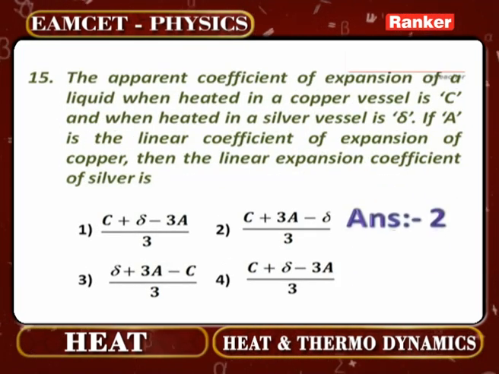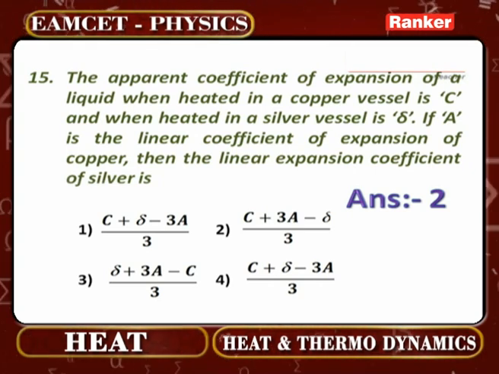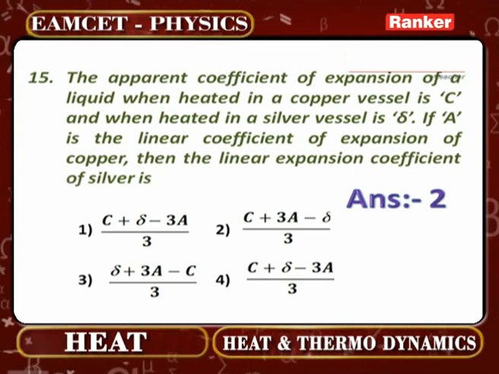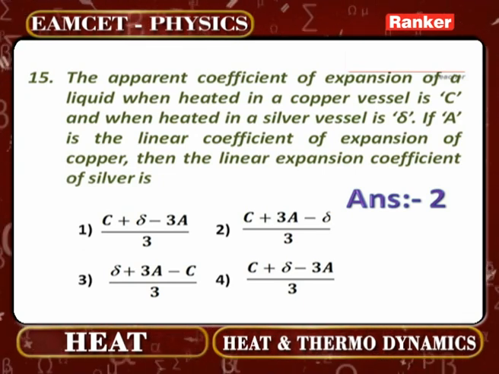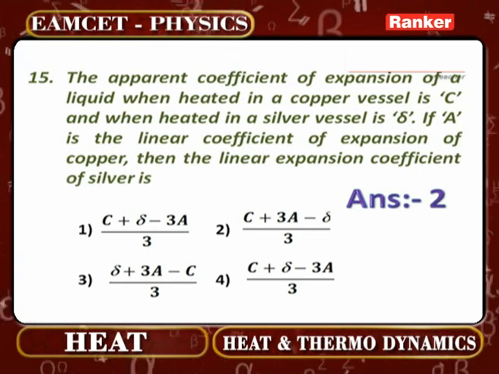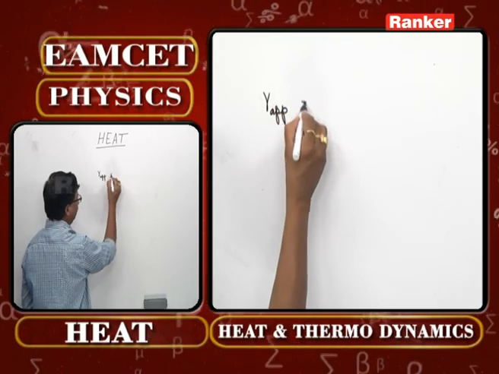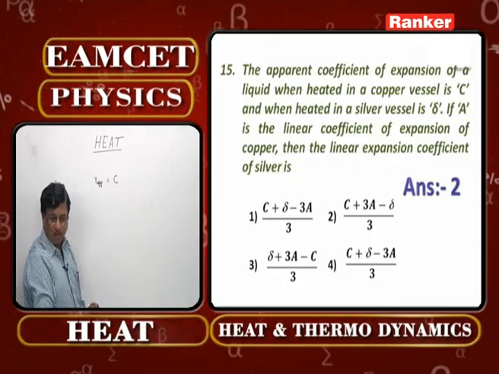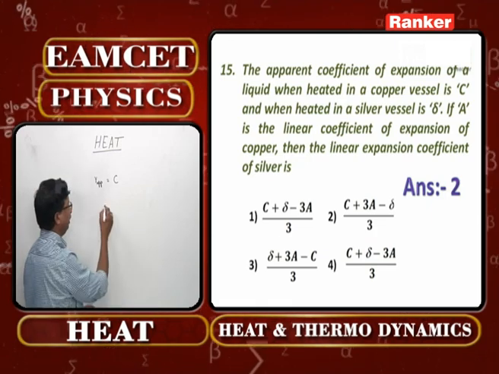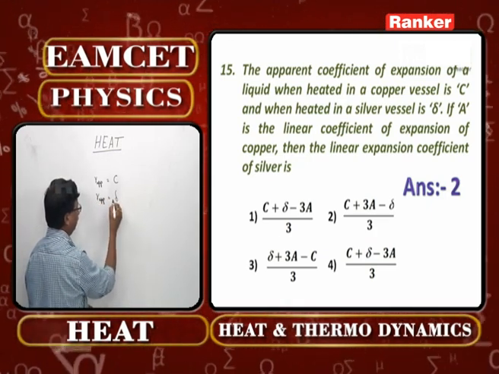Question number 15. This also has been one of the EAMCET questions earlier. The apparent coefficient of expansion of a liquid when heated in a copper vessel is C. Apparent expansion coefficient, that is, you can understand gamma apparent is equal to C in a copper vessel, and when heated in a silver vessel, the same gamma apparent is given as delta.